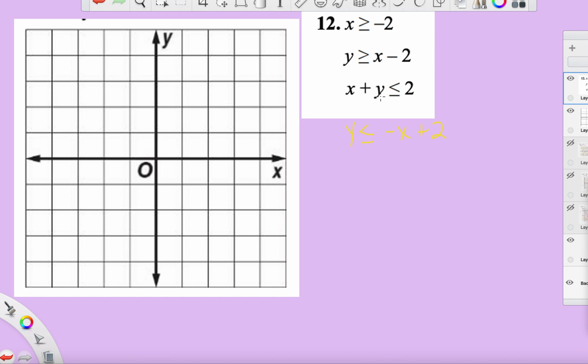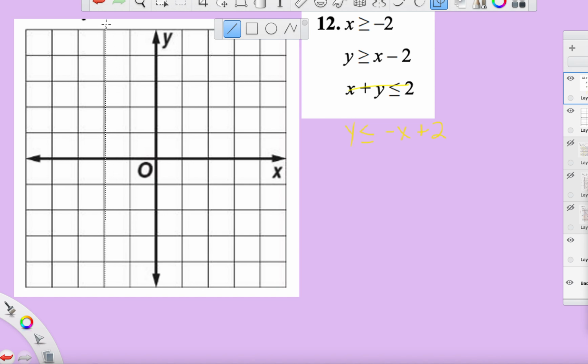Everybody knows you just subtract x from both sides, and then you got y is less than or equal to negative x plus 2. And we're going to graph all of these, and they all have equal signs. So x is greater than or equal to negative 2. We're going to create a vertical line at negative 2.